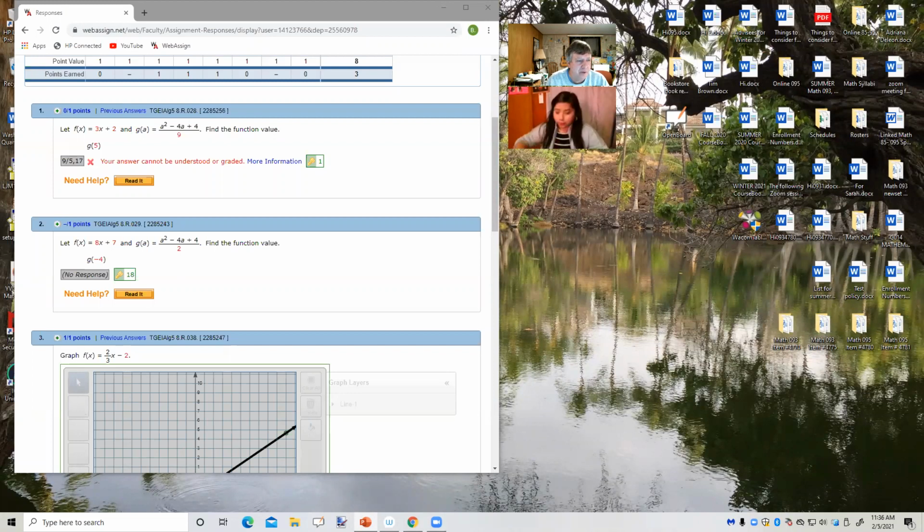Find the function value. It's asking you for g of 5. So we're not even going to use the f of x equals 3x plus 2 function.